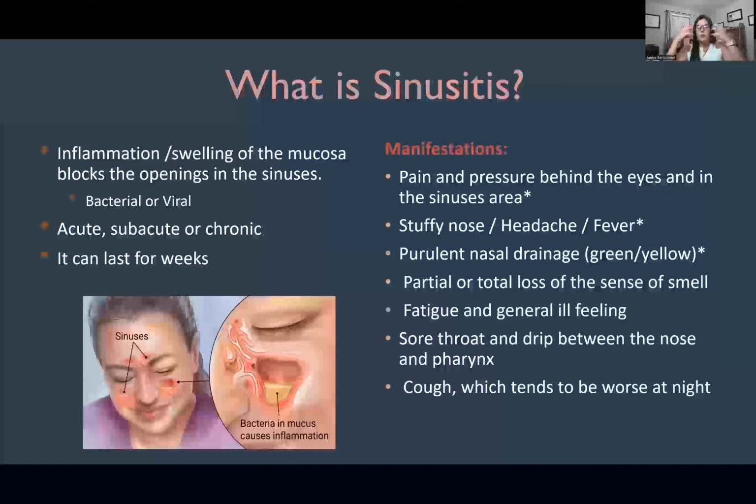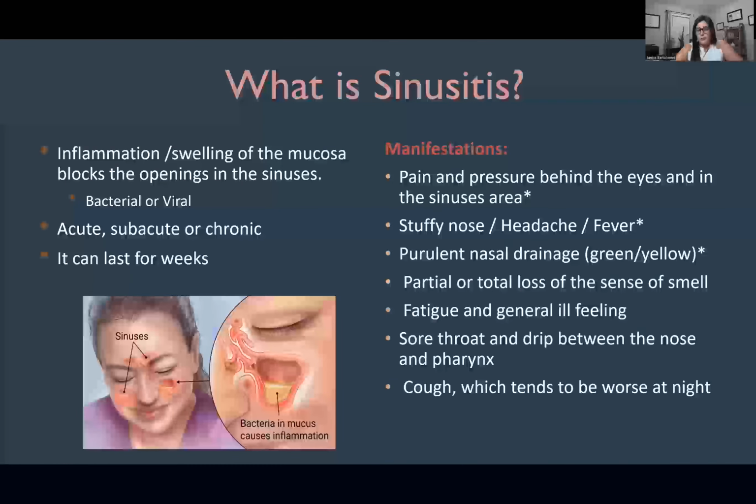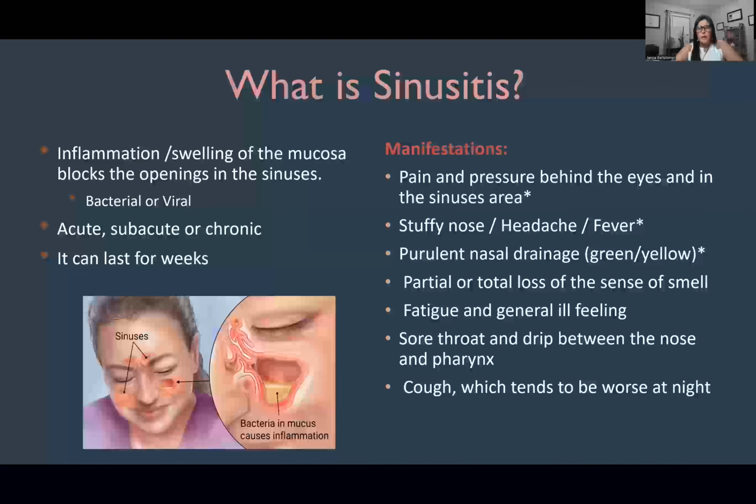And so whenever they swell and they fill with mucus, it blocks basically everything, and all that starts getting infected and inflamed. And that is what sinusitis is. It could be viral or bacterial. It could be acute, it could be chronic, and it could last for weeks sometimes.